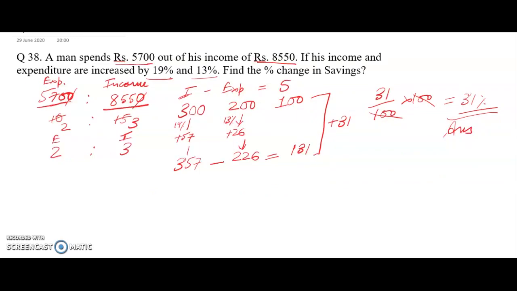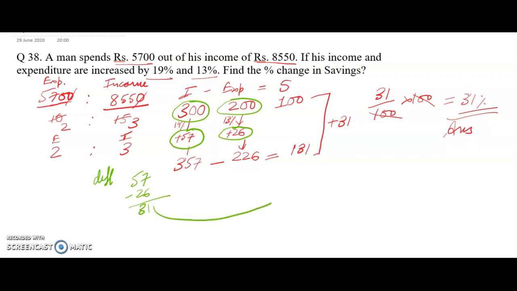Number 38, also we can use the same concept. Here we see the income is 300 and 19% income has been increased, which is 57, and the expenditure is 200. Expenditure is increased by 13%, which is 26. So we can directly take the difference of both, the increase in income and the increase in expenditure. 57 minus 26 will give us 31.